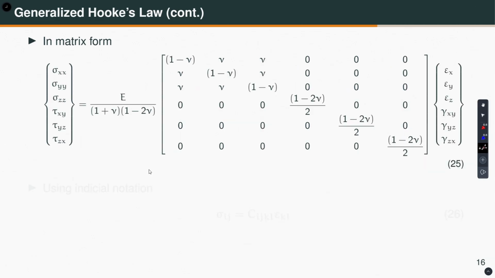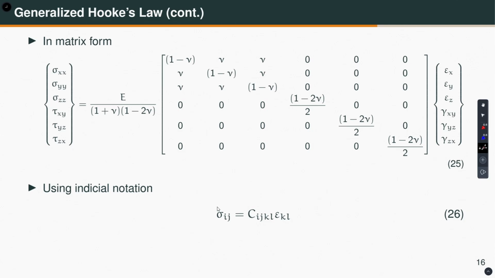Okay. Alternatively, the stresses can be written in terms of strains, okay, where this matrix is called the elastic constitutive matrix. Okay. Using indicial notation, we write sigma ij is equal to C ijkl into epsilon kl, where this is a 4th order tensor.